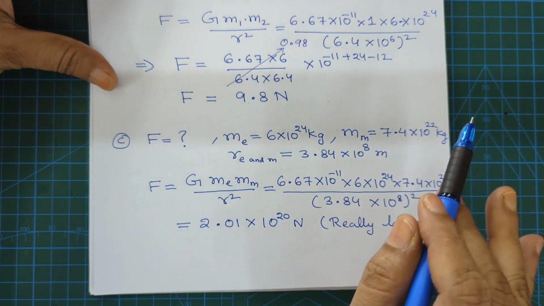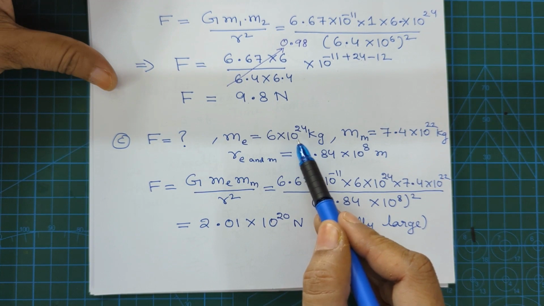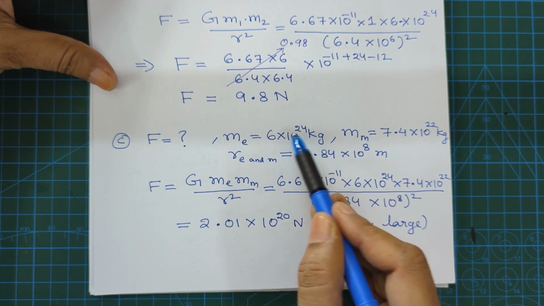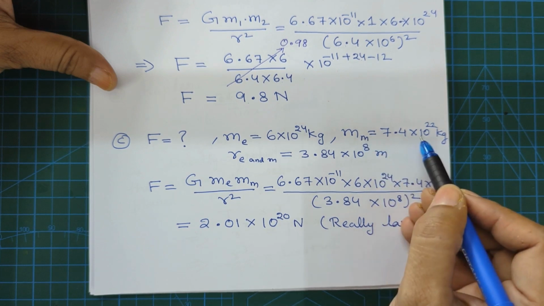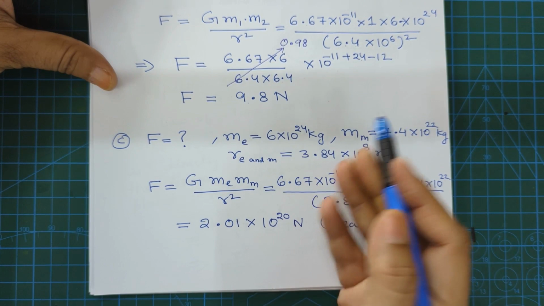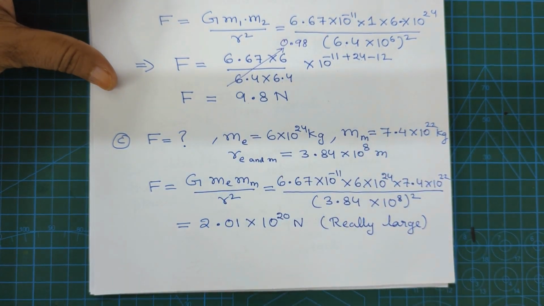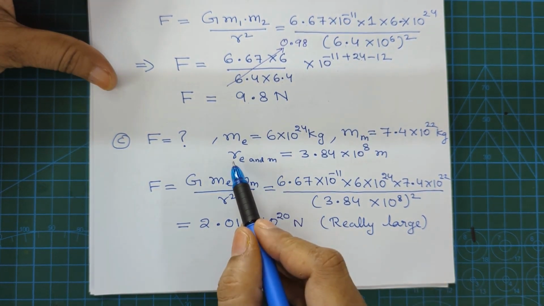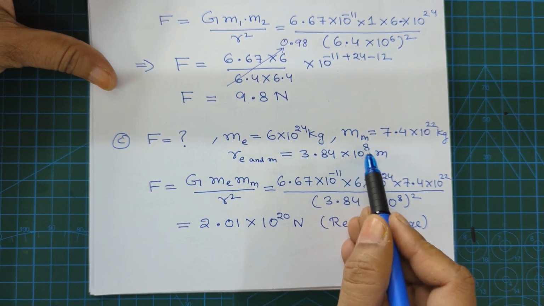It is easy to remember in terms of powers of 10. The mass of Earth is approximately 100 times the mass of Moon, because the mass of Moon is 10 to the power 22 and the mass of Earth is 10 to the power 24. The distance of separation between Earth and Moon is 3.84 into 10 to the power 8 meters.